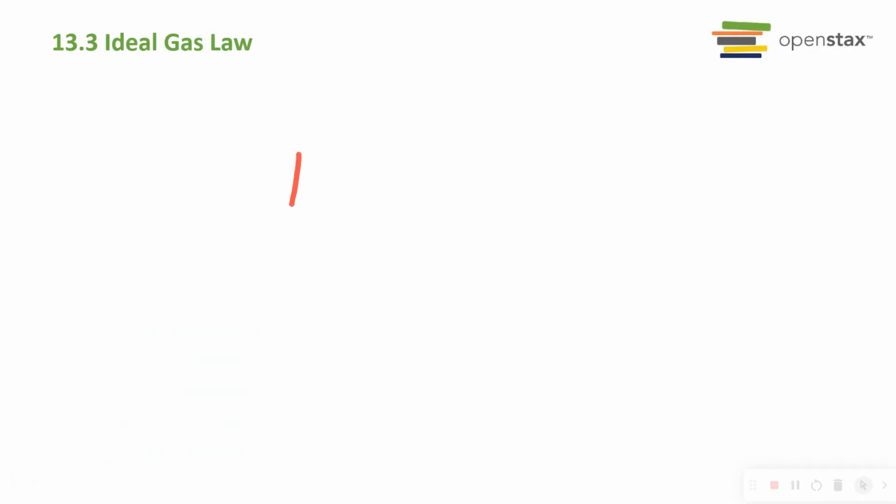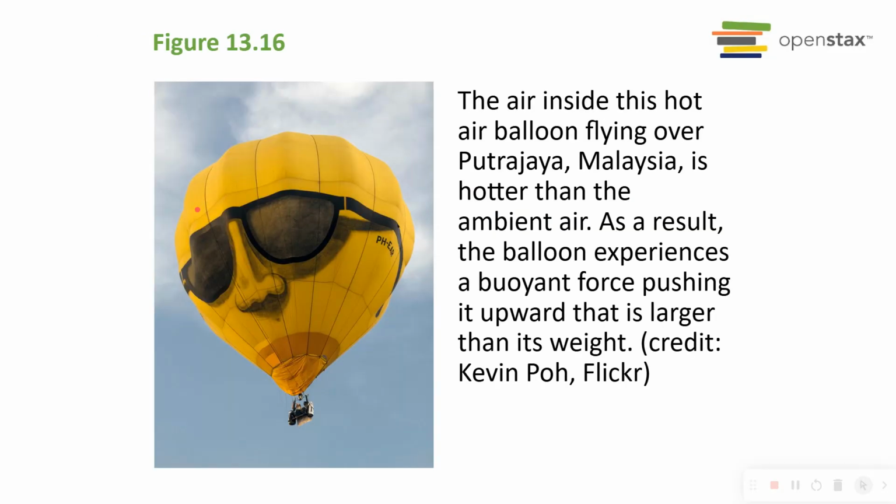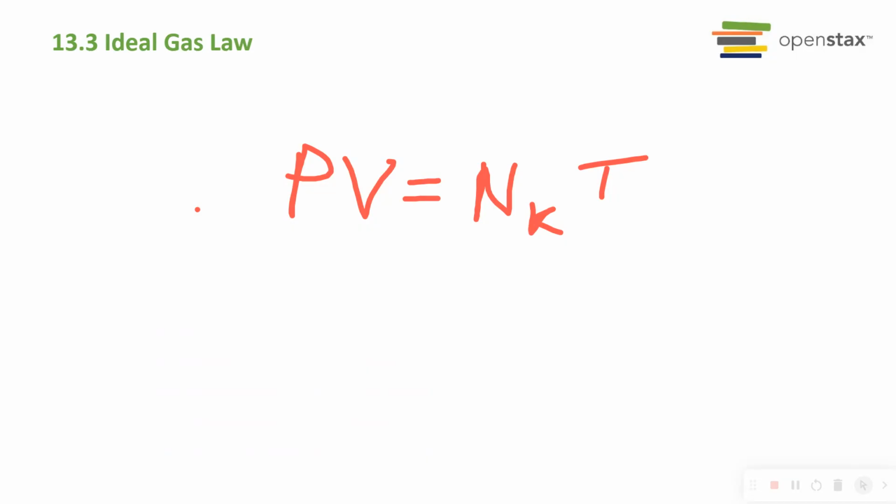Okay, so this is ideal gas law, and I'll explain what each letter means in a second. So it's basically pressure, volume, and temperature, the relationship.